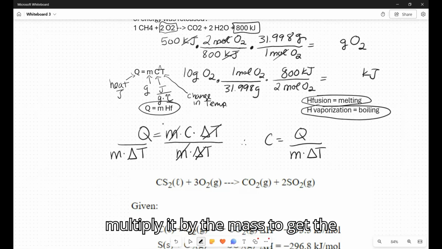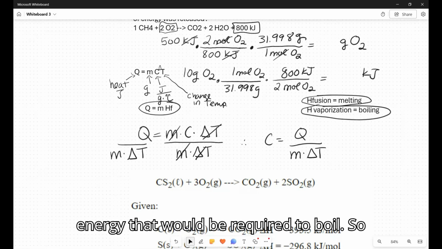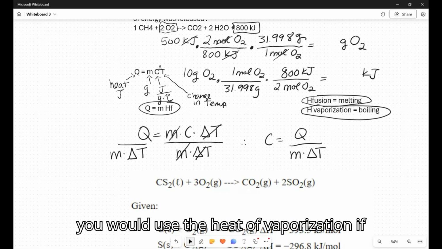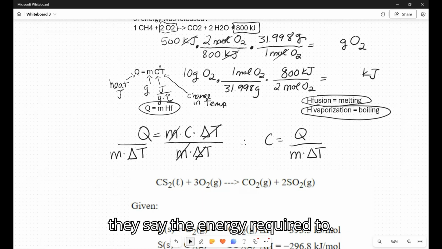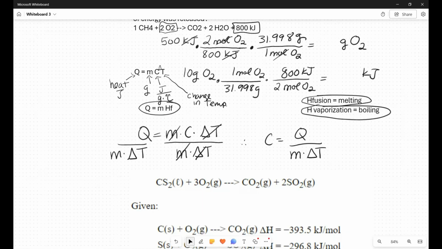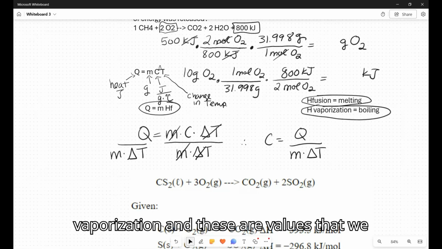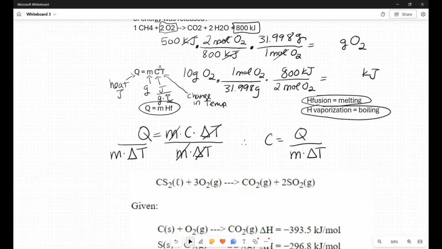You would just have to multiply it by the mass to get the energy that would be required to boil. So if they say the energy required to boil, you would use the heat of vaporization. If they say the energy required to melt, you would use the heat of fusion. And these are values that we would give you.